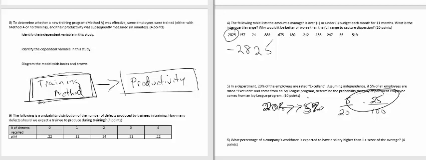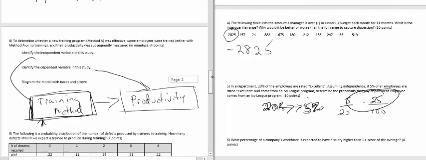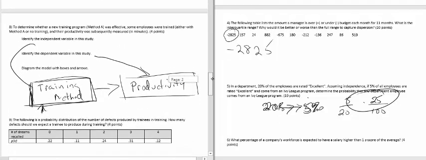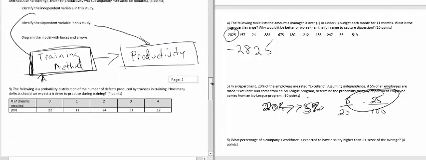It is independent. Nothing affects training method. It's the thing that you start out with. That's the independent variable. What's the dependent variable? The dependent variable is productivity. That is, you're saying that productivity depends on the training method. So this is hypothesis testing and models.